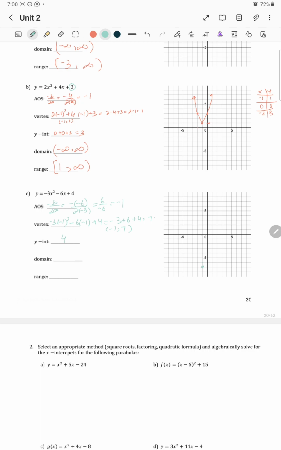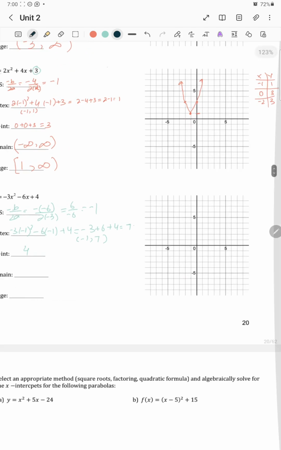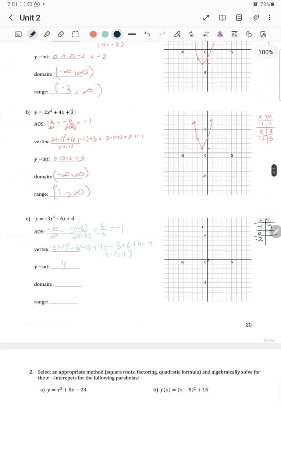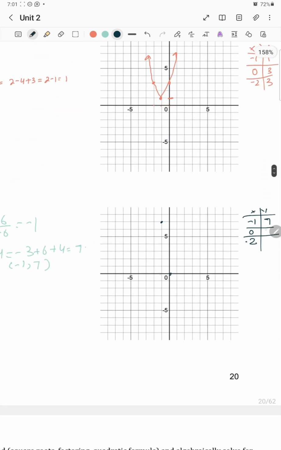It's negative, so it's going to go downwards. (-1, +7). Okay, so let's go for this. The vertex is (-1, 7), then 0 and -2. For 0, the answer is 4.